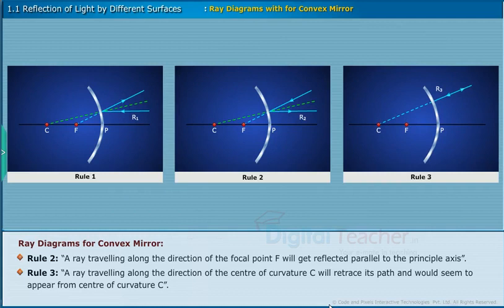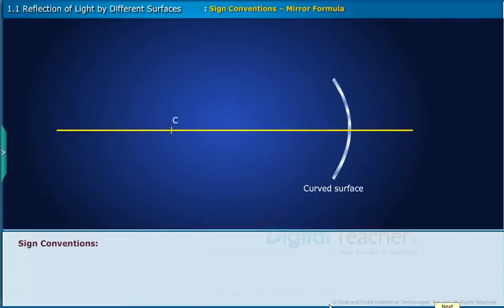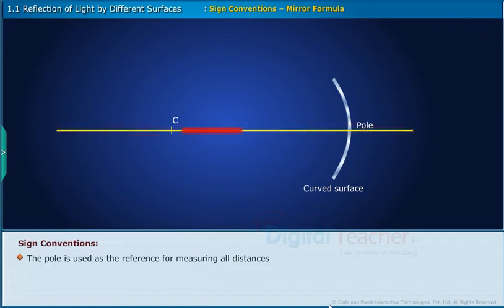After learning to draw ray diagrams to get the images formed from curved surfaces, let us derive the relationship between the object distance u and image distance v. Sign conventions. Some sign conventions are used in this derivation. They are: the pole is used as the reference for measuring all distances.